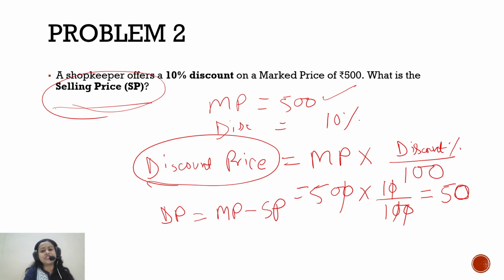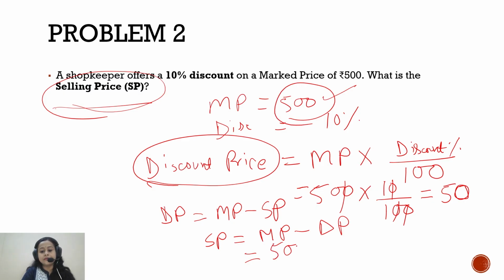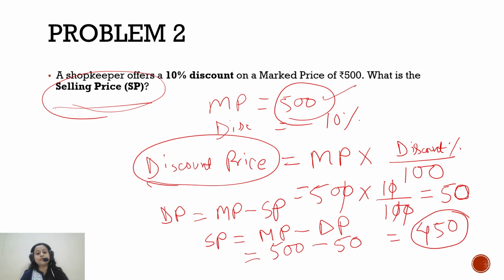If we just change the side, we get selling price equal to marked price minus discounted price. The marked price is 500 and the discount price is 50. So our selling price will be 450.